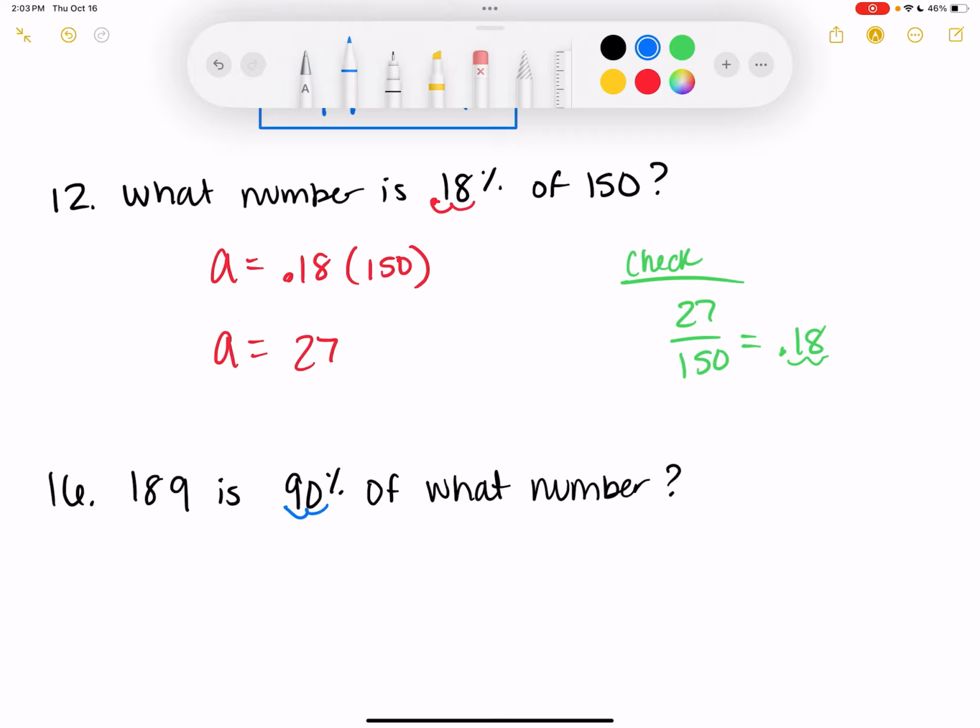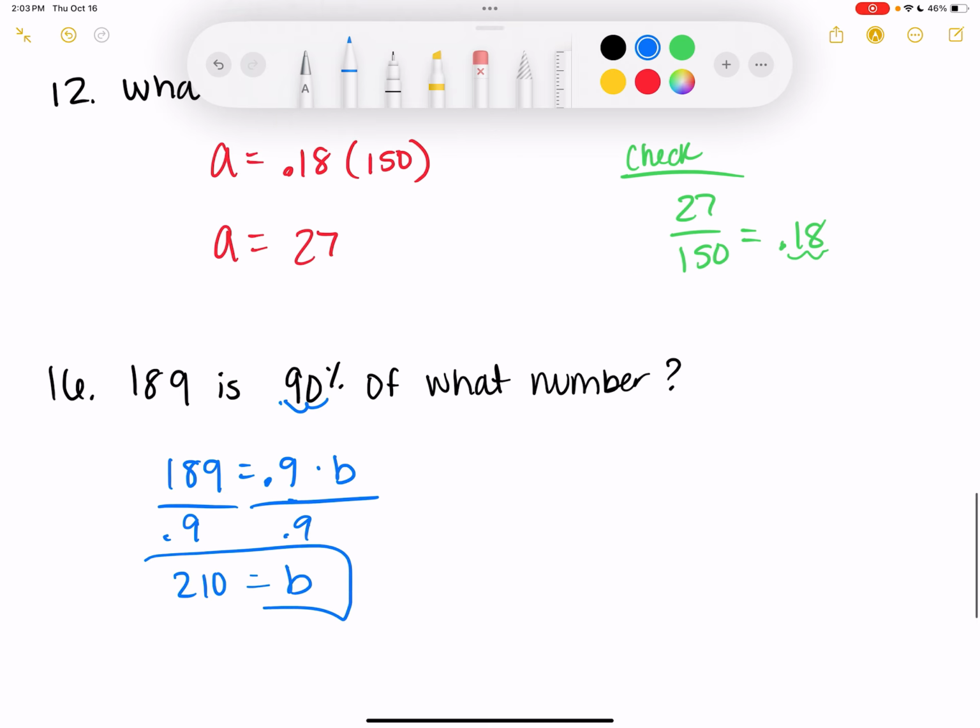So 189 is equal to 0.9 times B. Divide by 0.9. So 189 divided by 0.9 is equal to 210, which is your answer.